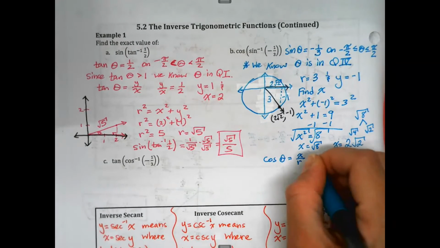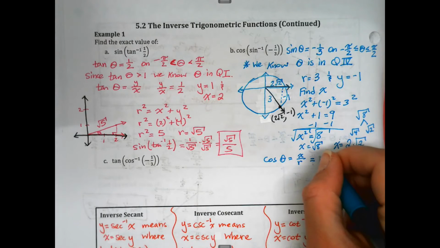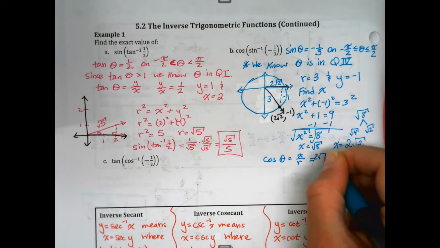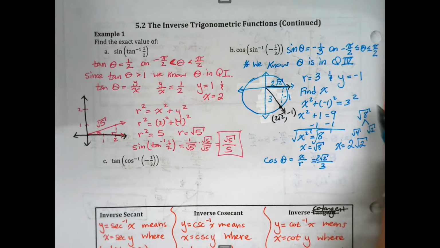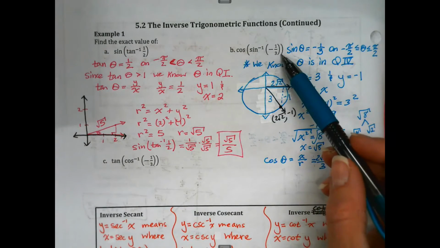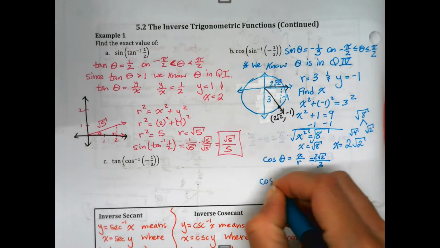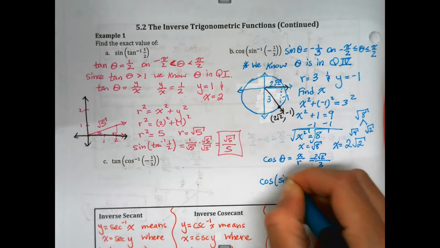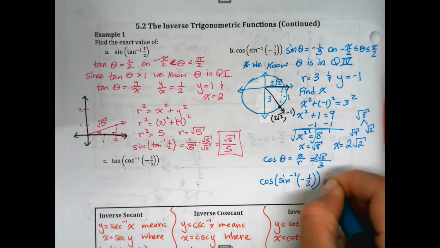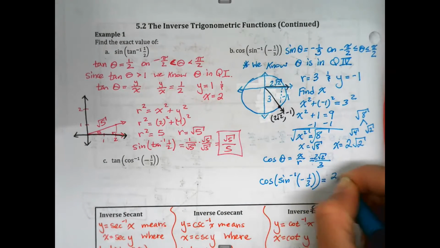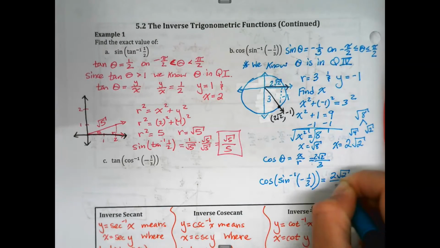Therefore, the cosine of theta is going to be 2 times the square root of 2 over 3. And therefore, that is going to be the solution to our problem. We end up with the cosine of the inverse sine of negative 1/3 is equal to 2 square root of 2 divided by 3.